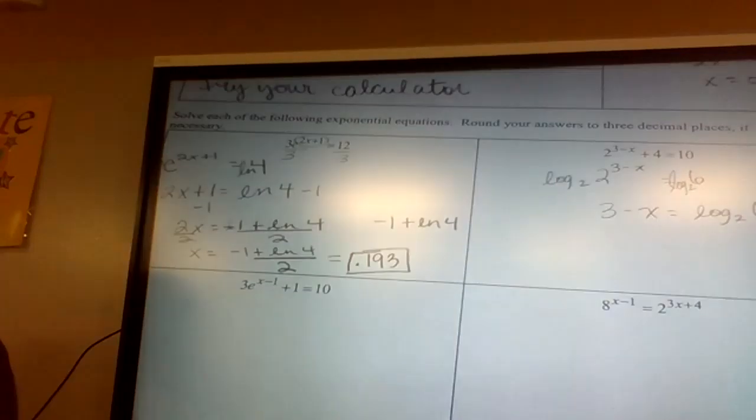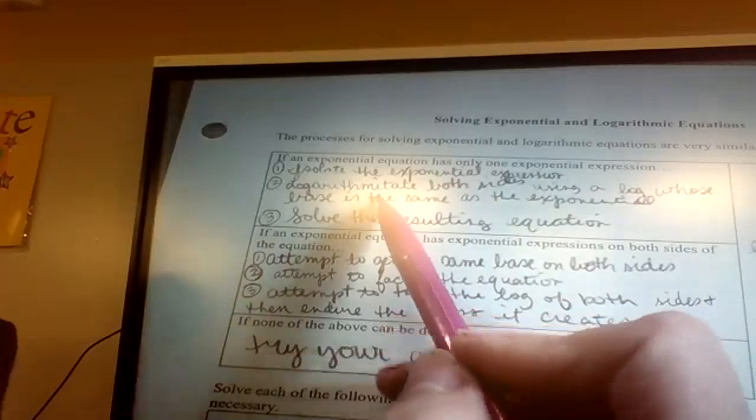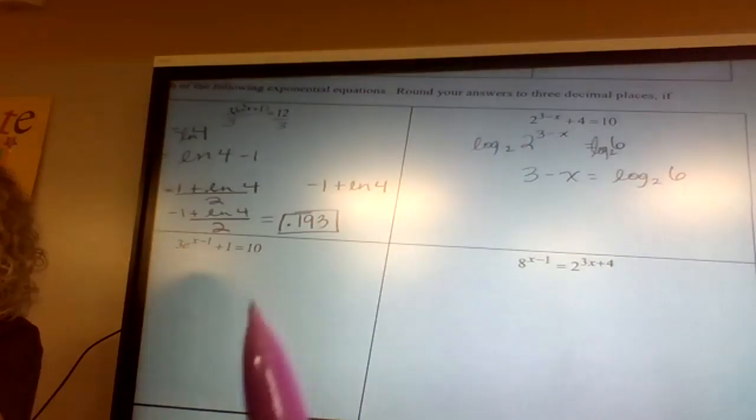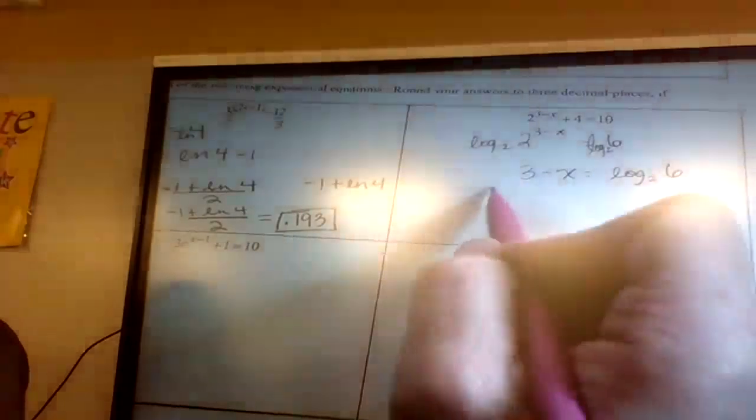Where'd you get that log 2? Because that's the base. Remember, you take the log of both sides with the log whose base is the same as the exponential. That's why I chose 2. So the exponential is like the number, and the power, yeah. All right, so then I'm going to move a 3 over.